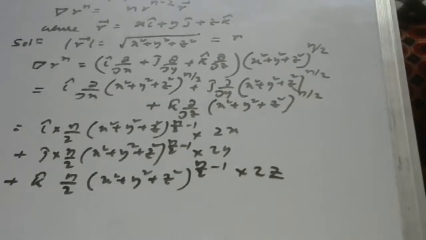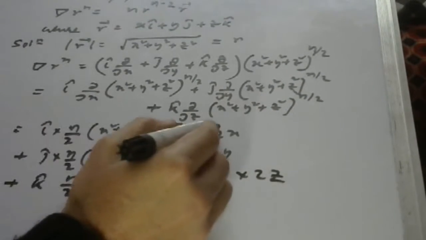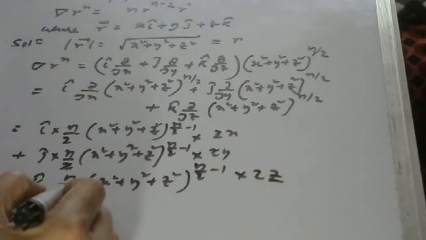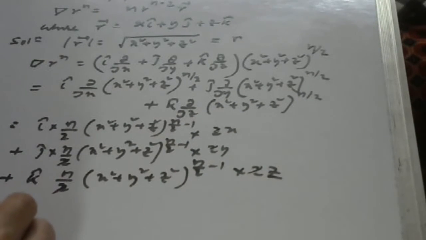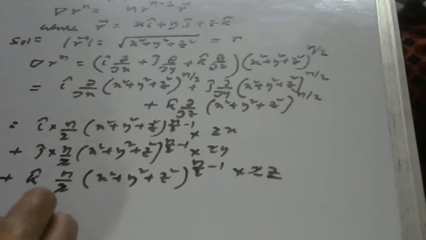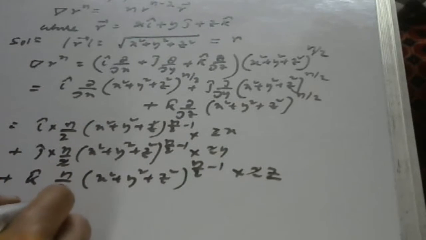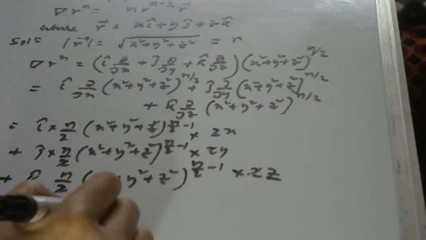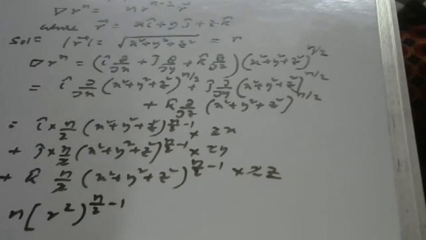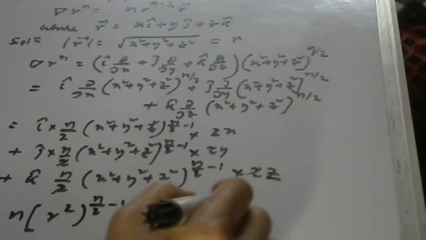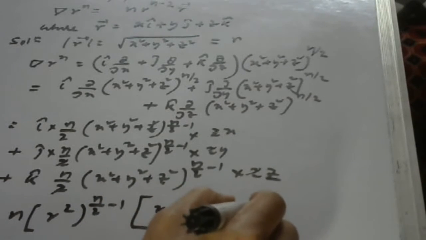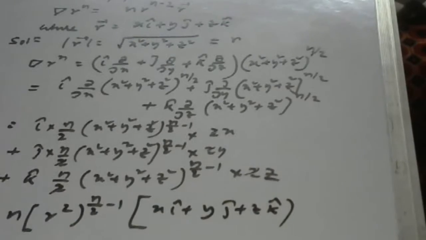Now the 2 cancels out. We take n common, and this is r square to the power n by 2 minus 1, and here x i cap plus y j cap plus z k cap is nothing but r vector.